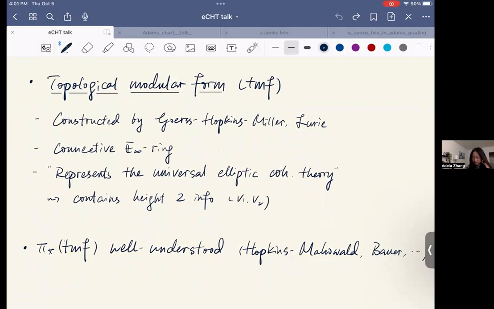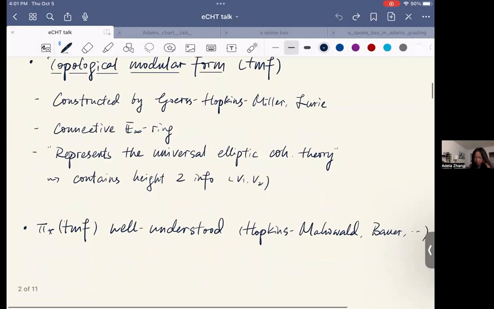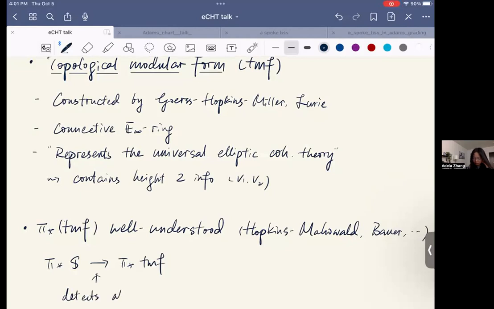Some of the interesting things about this: if we consider the unit map into TMF and take homotopy, then this detects torsion in TMF, and there are only 2 and 3 torsions. So in a small range, pi star of TMF is actually a pretty good approximation of the homotopy group of the sphere spectrum.